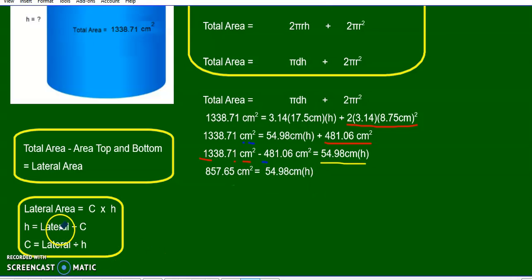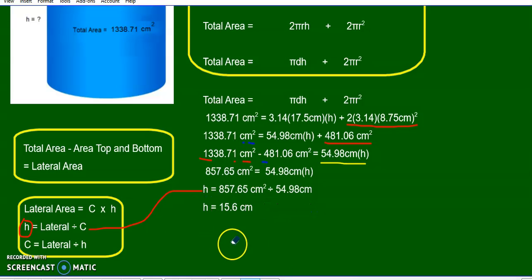So if I want to find the height, it's the lateral area divided by the circumference. So height equals lateral area divided by circumference. I'm using this equation right here, and that'll give me the height. So when I do it, I get 15.6. And that's the answer. That is the height of the cylinder.